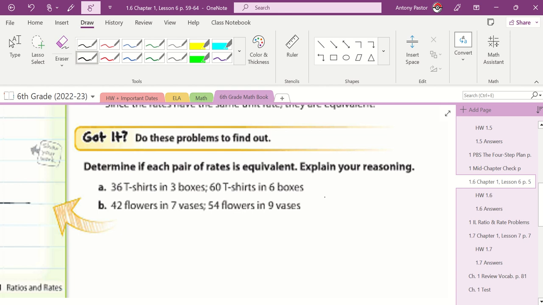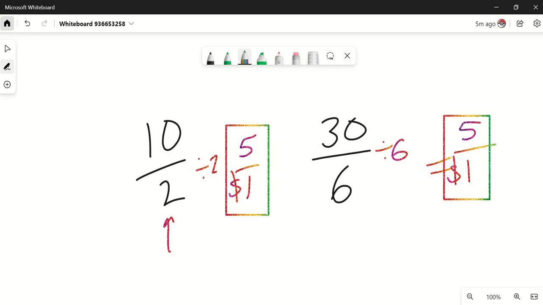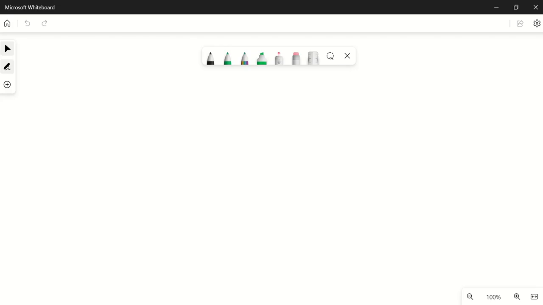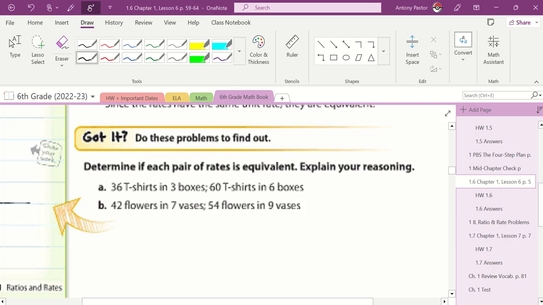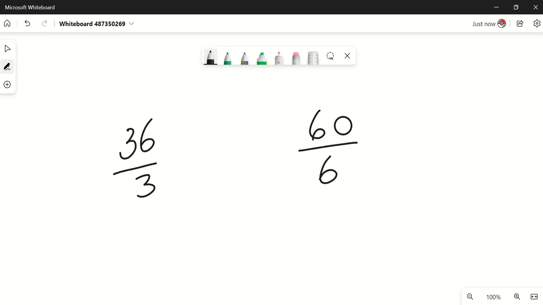Okay, now that we've tried to solve both, 36 to 3. This is for question A, and 60 to 6. Now, this one's going to be an easy way to do this. We don't have to do the unit rate here unless you want to, but let me show you.